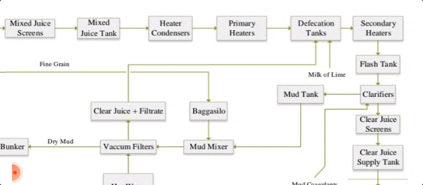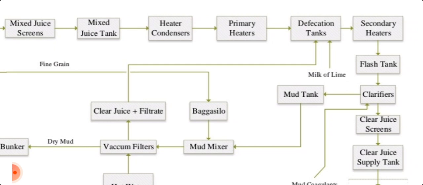Different types of clarifiers are used, but in sugar industries mostly SRI clarifiers are used, and these clarifiers have the capacity to settle the mud. The impurities in sugar juice settle down, and their name is mud. So mud is separated in the clarifier.